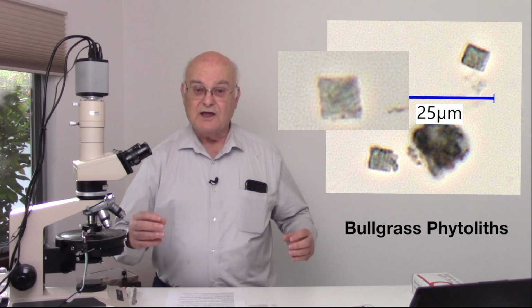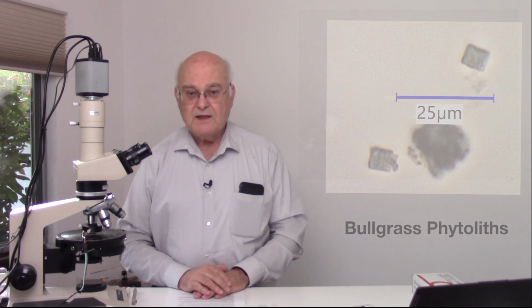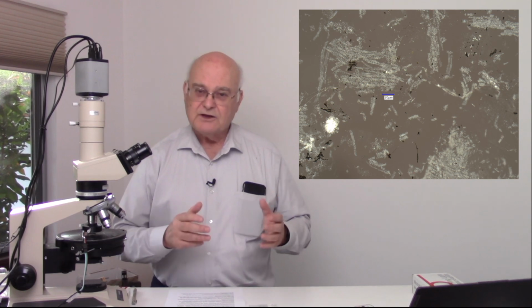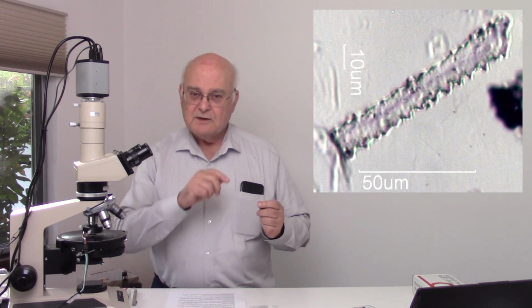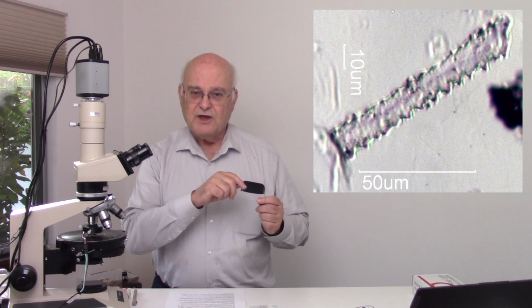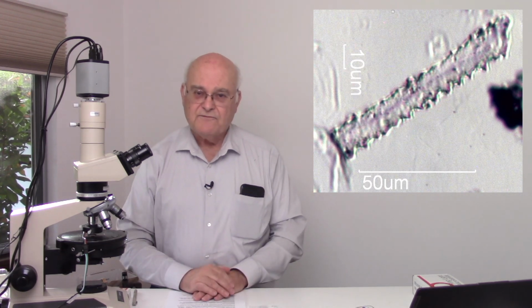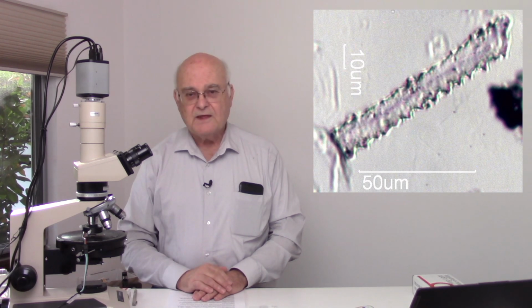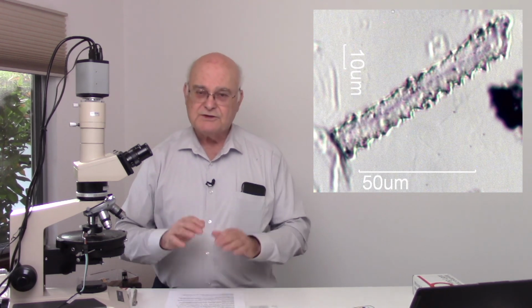You have elongated fiber shapes. You have denticulated shapes. Denticulated shapes, that means they have teeth. You can see along the edge of these grass phytoliths, the sharp edges, the teeth that form on the surface leaves of grass.